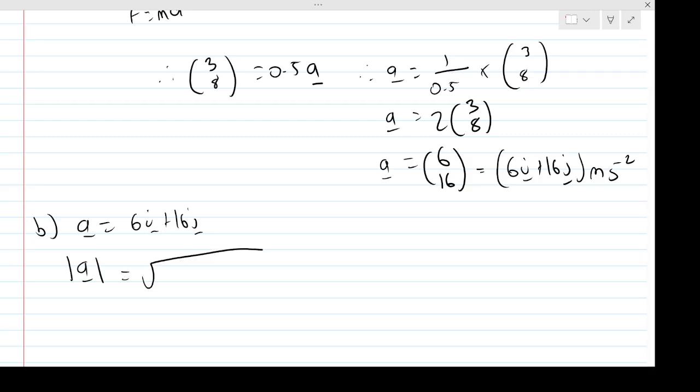And remember, we worked out the length by squaring all the individual numbers, all the coefficients. So 6 squared and 16 squared. If we work that out, we get 2 root 73. And so there we are. That's telling me physically the acceleration is 2 root 73 meters per second squared.